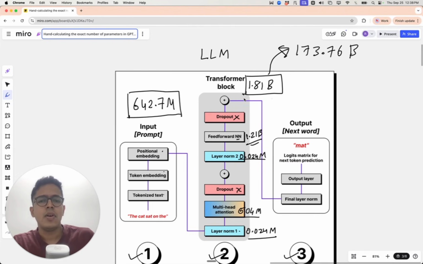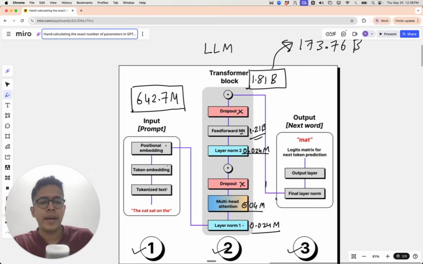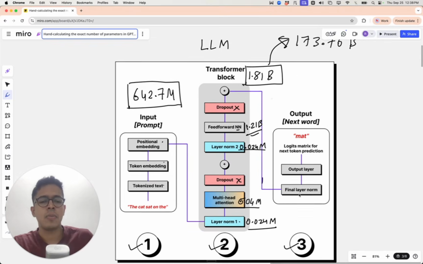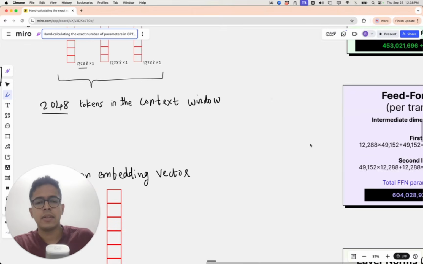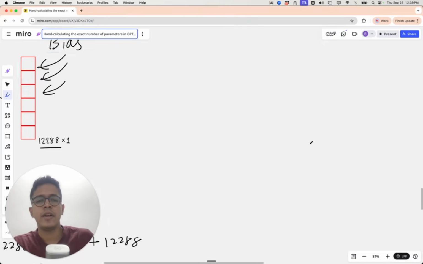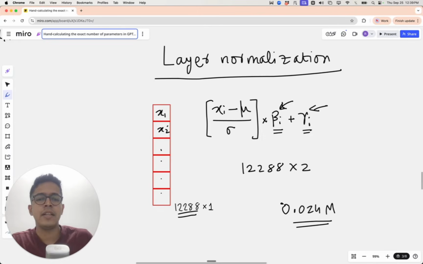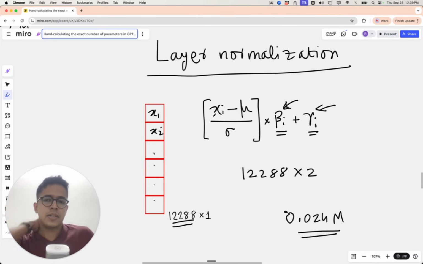The dimension of the token which has been transformed is still 12288 by the time it reaches this layer normalization. And what would that mean? It would mean the same thing. So earlier in the layer normalization, what did we do? We calculated the mean and standard deviation, and subtracted the mean so that the mean of the distribution becomes 0 and standard deviation becomes 1. Then we multiplied with a scaling factor, which is a learnable parameter, and added a bias parameter, which is also learnable.